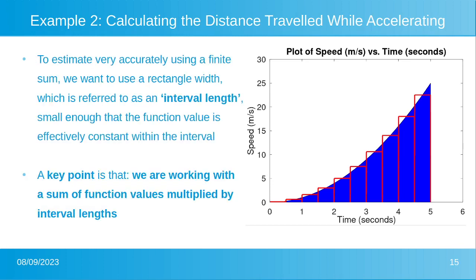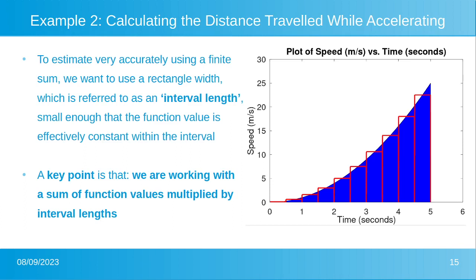To estimate very accurately using a finite sum, we want to use a rectangle width, which is referred to as an interval length, small enough that the function value is effectively constant within the interval. So in our example, our function value has been speed.